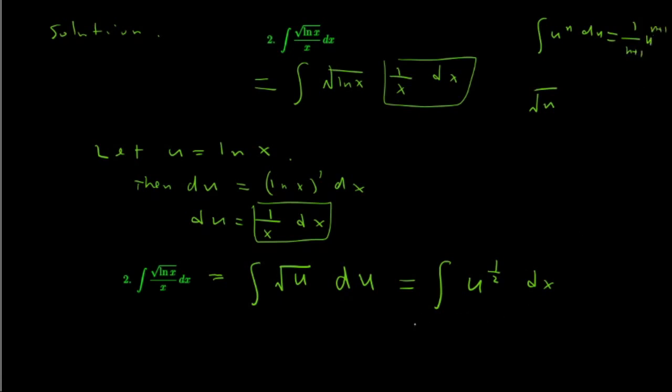We use that formula, so you have u to the power of 1/2 plus 1. This is the particular case where n is 1/2, right? 1/2 plus 1 is 3 over 2. If the exponent is 3 over 2, then the coefficient is 2 over 3. You just get the reciprocal of the exponent. After getting an antiderivative, you need to add plus c.